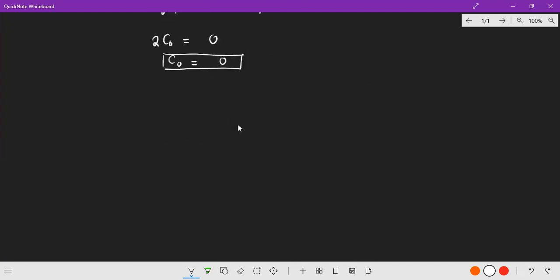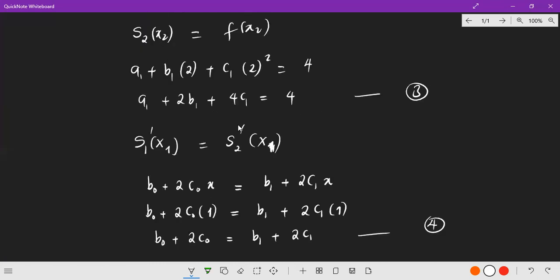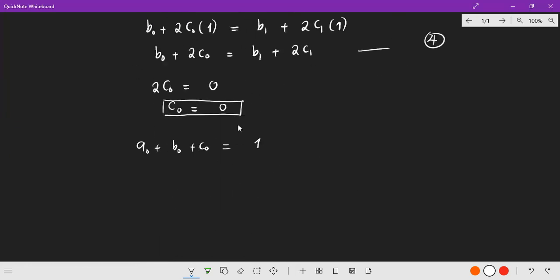So let's get equation number 1: a0 plus b0 plus c0 equal to 1. Yes, equal to 1. So we already know a0 is equal to 0, and we already just found c0 is equal to 0. So we can find b0 here. So our b0 is simply equal to 1. So from the first equation, we found all the unknowns.